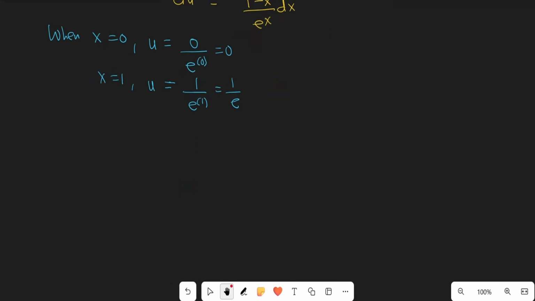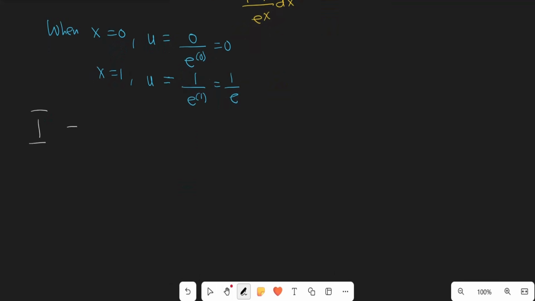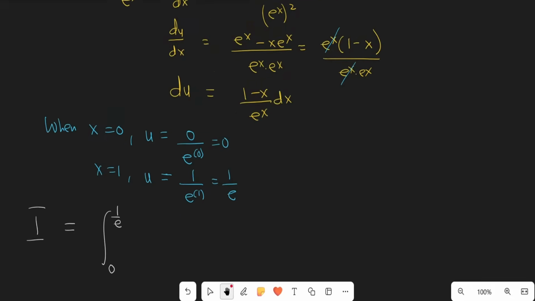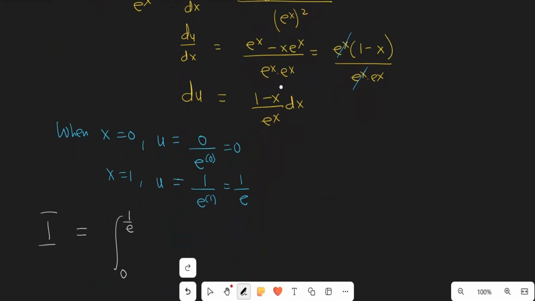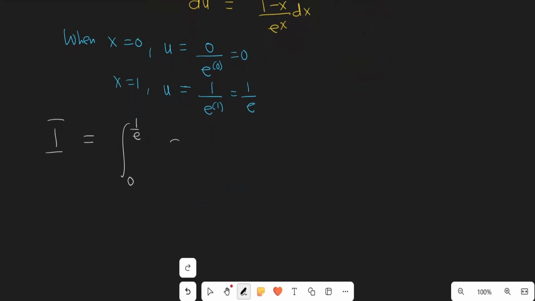Now the integral in the u world is going to look like this. I is going to be the integral, the limits of integration now from 0 to 1 over e, of what really? So we see that 1 minus x divided by e to the x dx can be replaced with du. So we have du on top here.